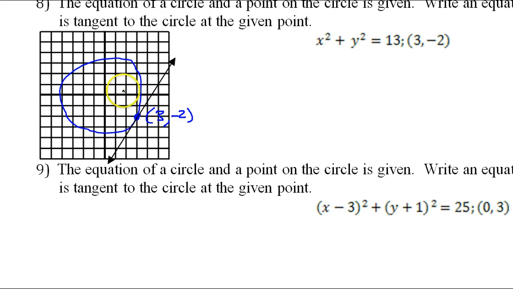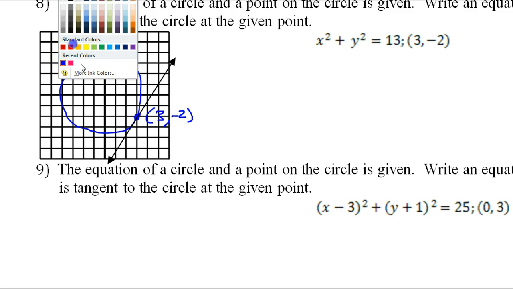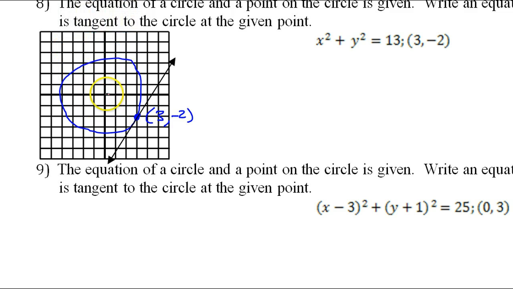So here's what you need to do. Consider the radius. You don't really need a picture once you understand what you're doing. This is the radius I just drew in red. What we need is the slope of that radius.